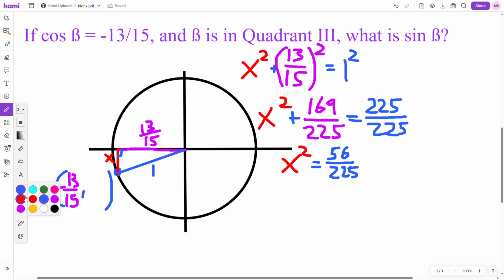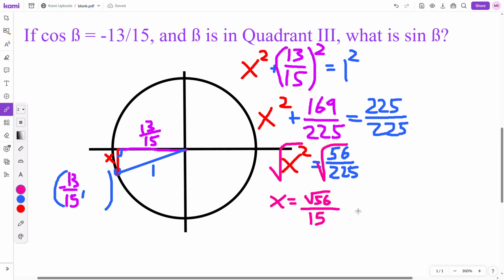And then we have to square root both sides. So if we square root this and square root that, what we get is x equals the square root of 56 divided by the square root of 225, which we know is 15, because we know that from before.